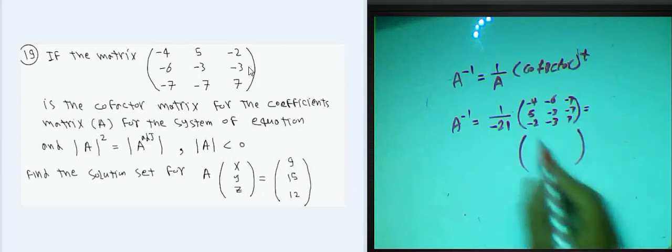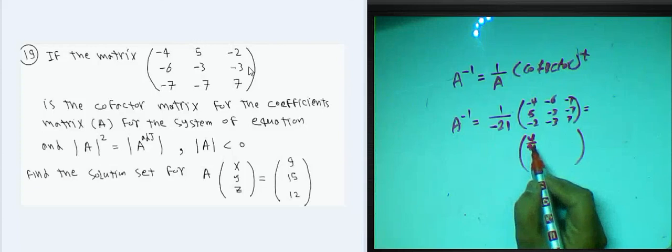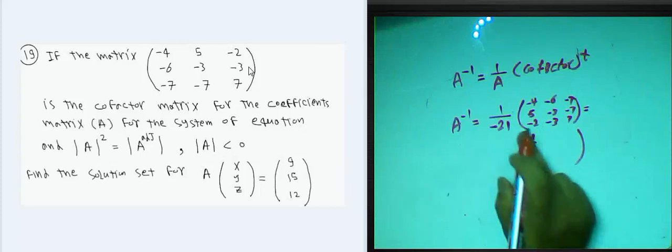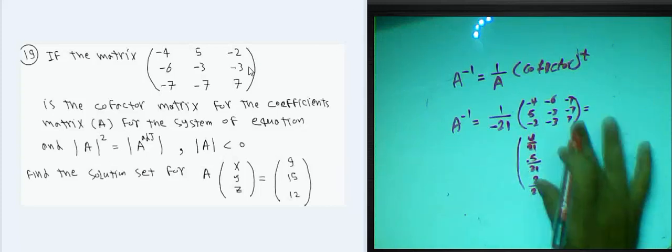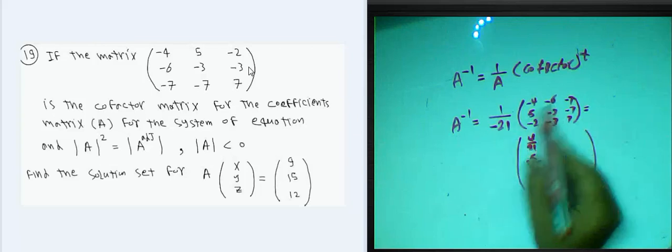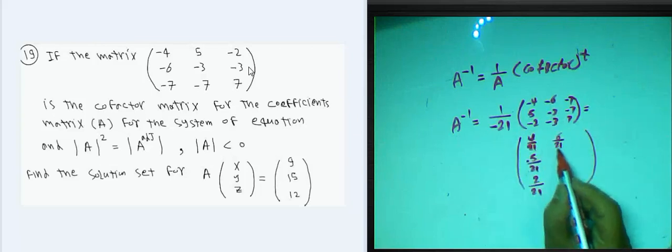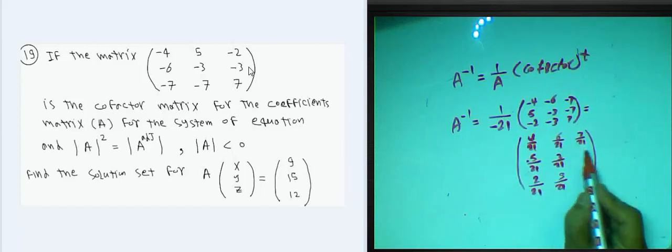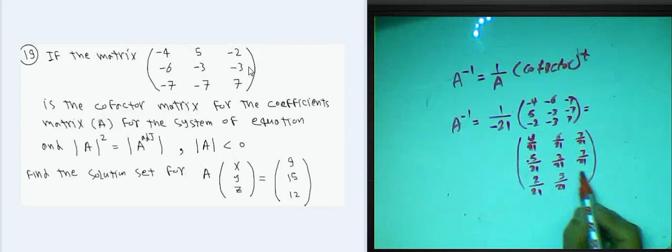Negative times negative equals positive. It will be 4 over 21 and 5 over, it will be -1 and 2 over 21, and 6 over 21 and 3 over 21, and 3 over 21, 7 over 21, 7 over 21, 7 over 21.